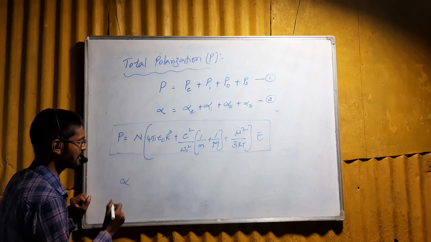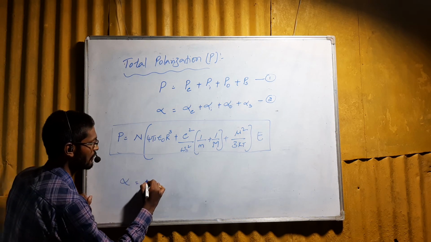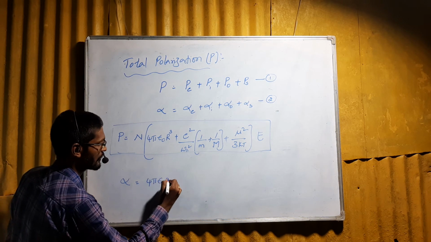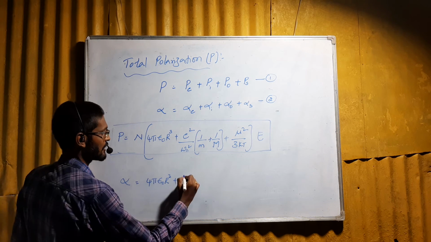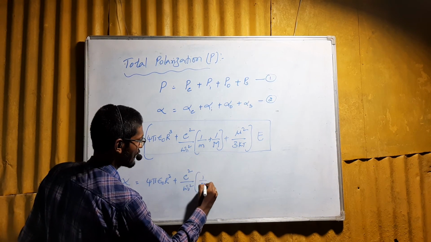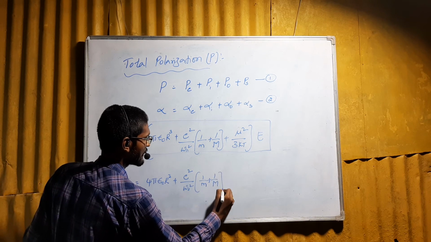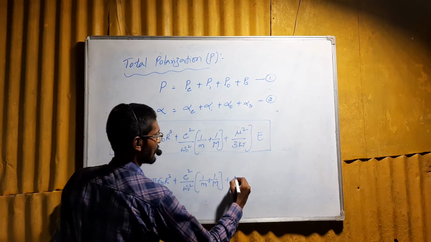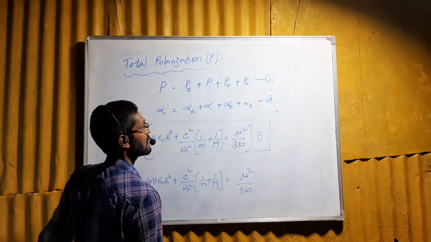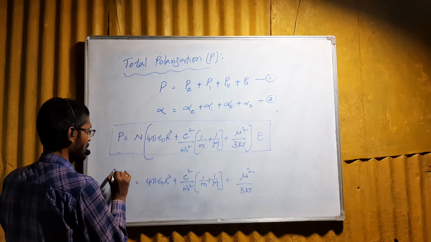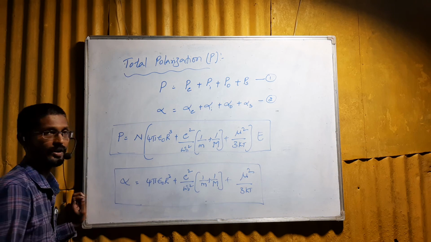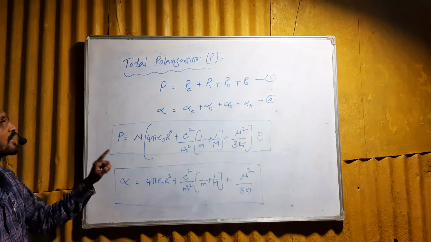Total polarizability can be given as alpha is equal to electronic polarizability 4 pi epsilon naught r cube, plus ionic polarizability small e square by omega square into 1 by small m plus 1 by capital M, plus orientation polarizability mu square by 3kt, plus space charge polarizability, which is negligible. So this equation represents the total polarizability produced in dielectric materials.